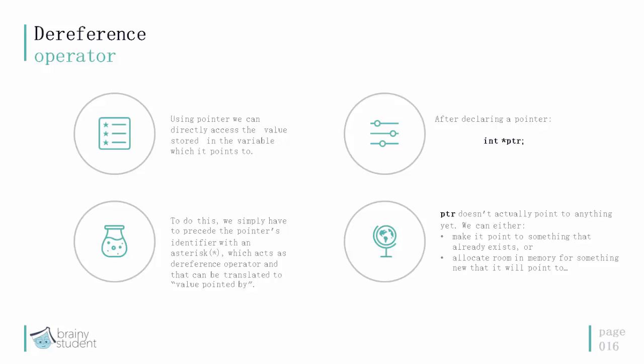To do this we simply have to precede the pointer's identifier with the asterisk, which acts as a dereference operator, and that will be translated as "value pointed by". So after declaring int star ptr, I will call it an integer type pointer which is going to point to some integer type variable.